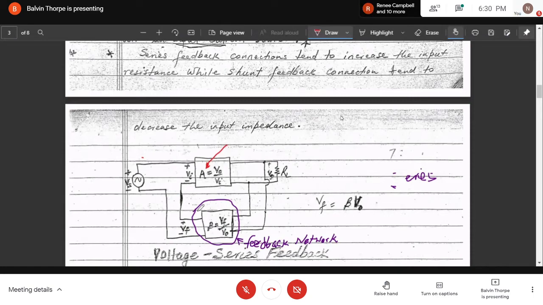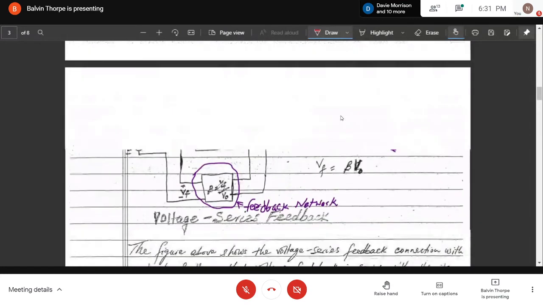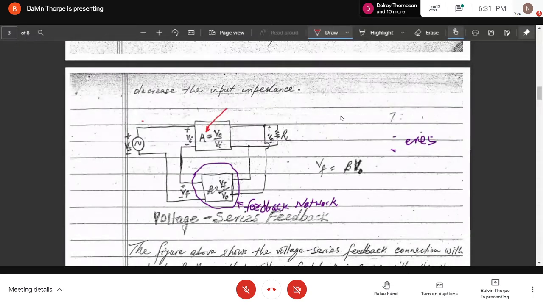And we know the gain of the overall network is VO over VS. So this feedback network reduces A, which is the gain of the amplifier without feedback. So A is VO over VI, the amplifier.